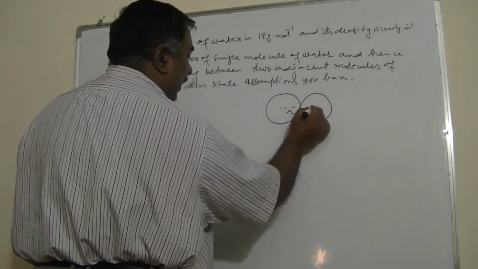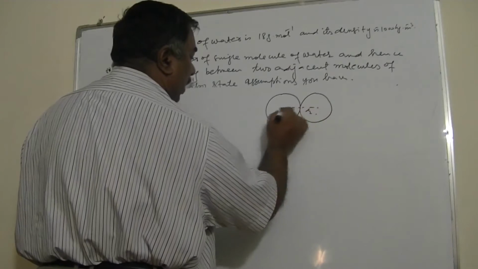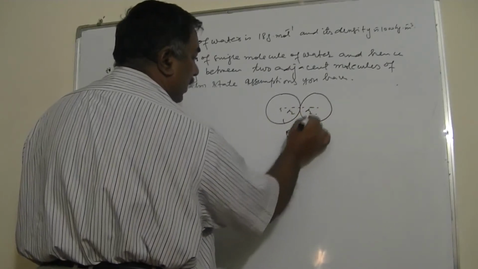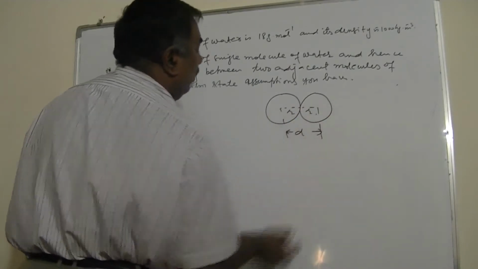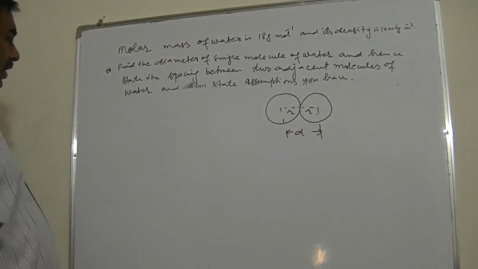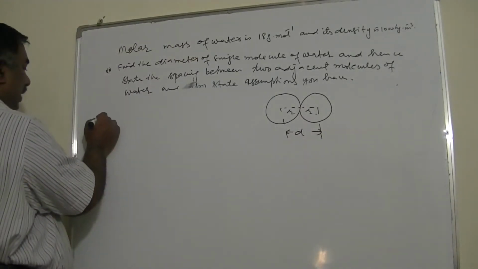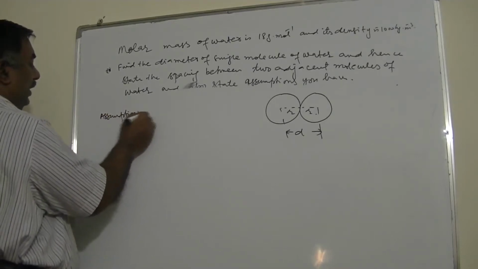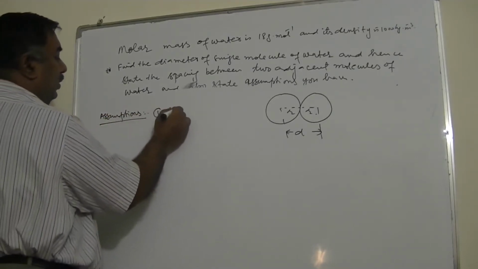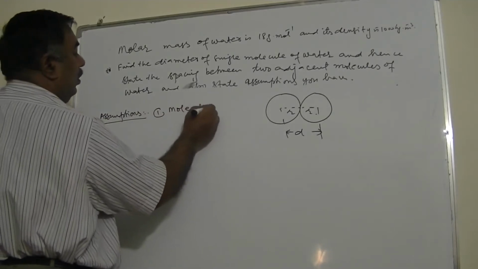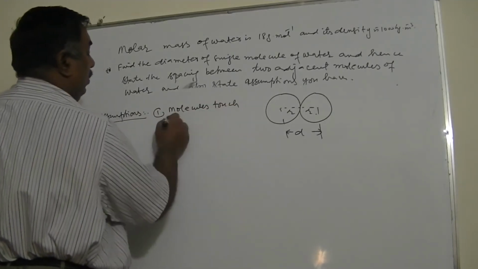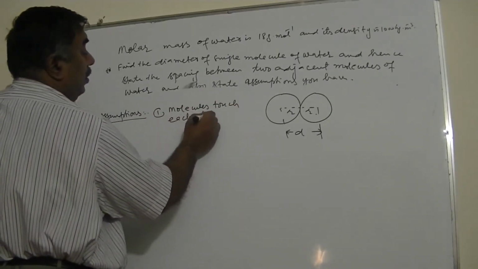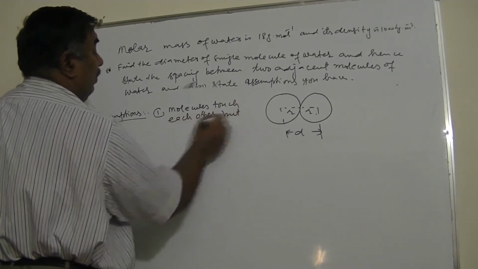So if this is one radius and this is another radius of the molecule, then this becomes the diameter D, and you will see the spacing is also the same, the distance from center to center. So the first assumption is, number one, the molecules touch each other but do not overlap.